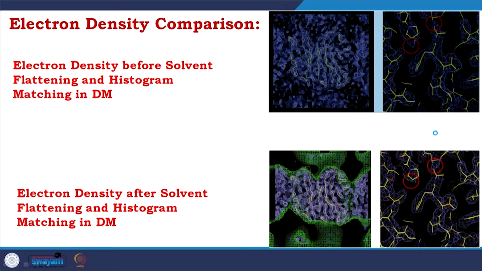If you see the extra portions here, I have highlighted, the extra portion is not there now. So, the phase is definitely improved, and that is where the critical role of these methods, solvent flattening, histogram matching and averaging of non-crystallographic symmetry, comes in.